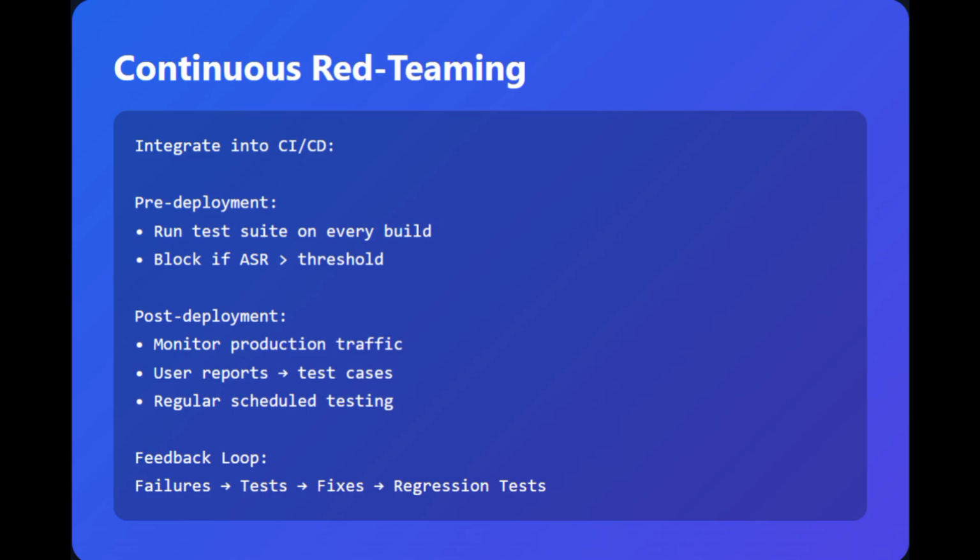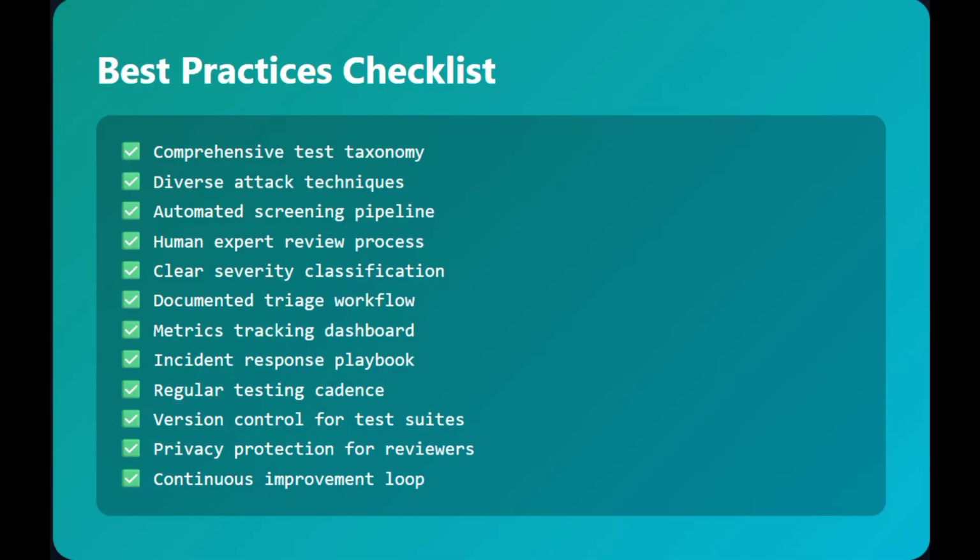Coming to the end, let's wrap up with best practices. Build a comprehensive test taxonomy covering all harm types and use diverse attack techniques as we discussed earlier. Don't just test the obvious prompts, create jailbreaks. Automate screening, but keep humans in the loop for validation.